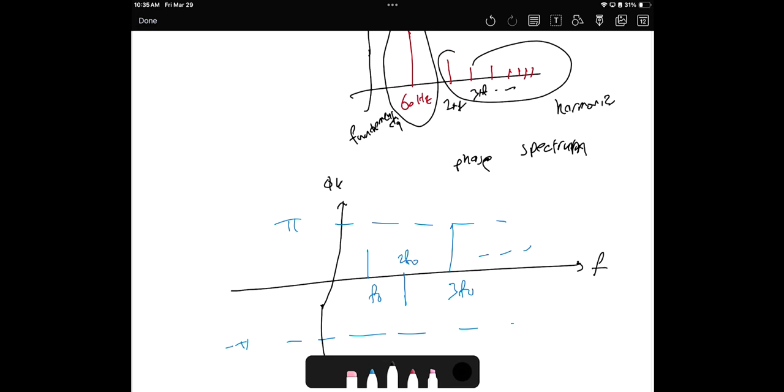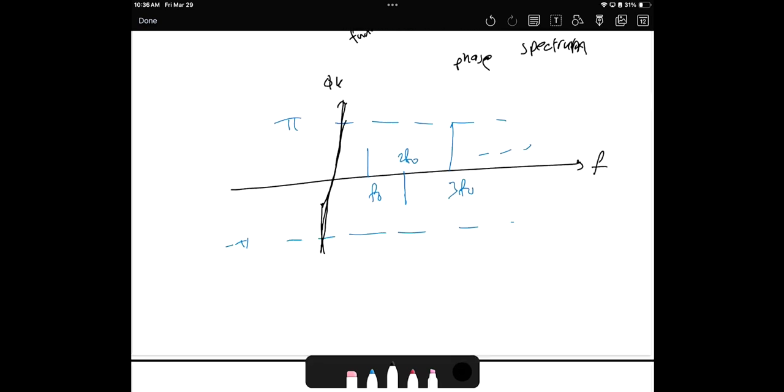Then maybe you can make it later omega, which is 2 pi times f. Then maybe we can discuss more something related to phase plots. Not now, maybe later.